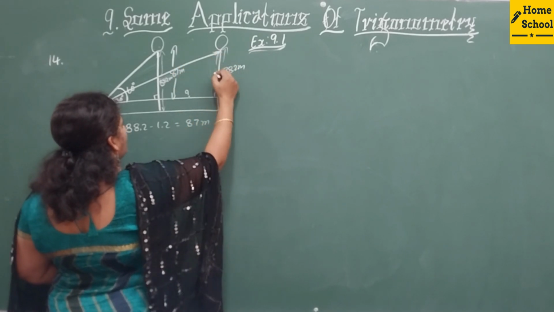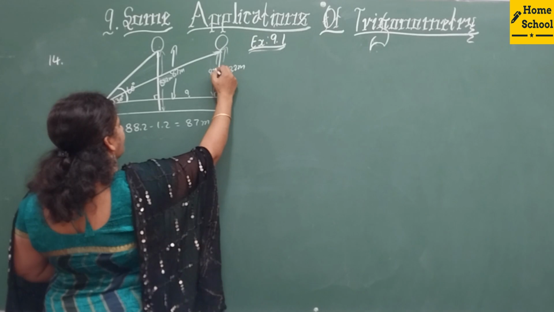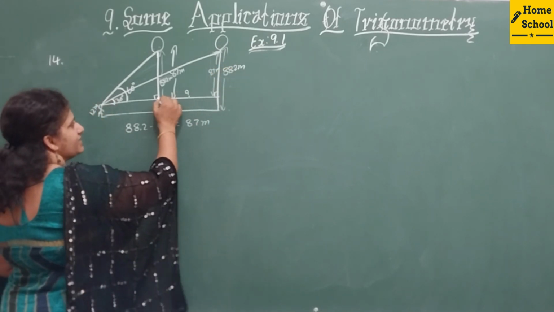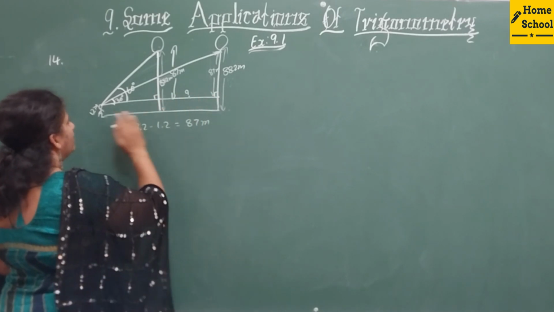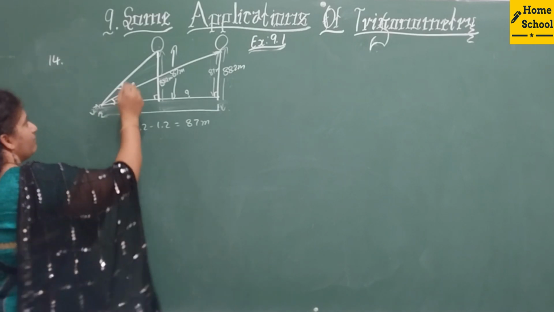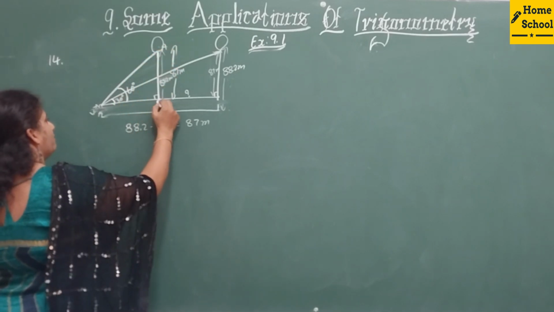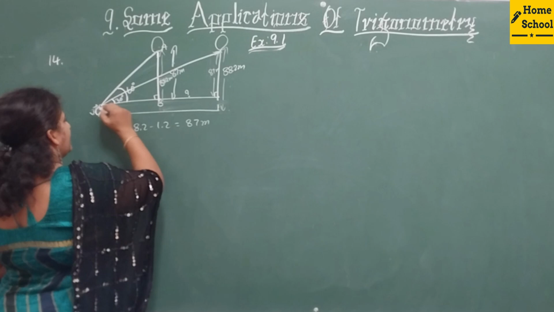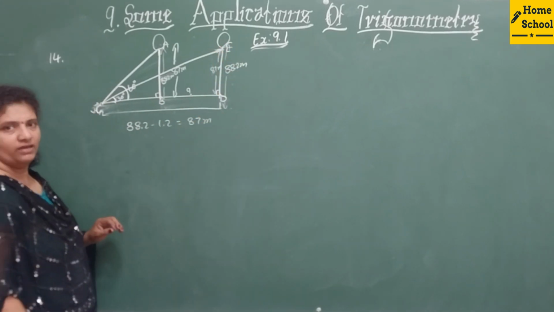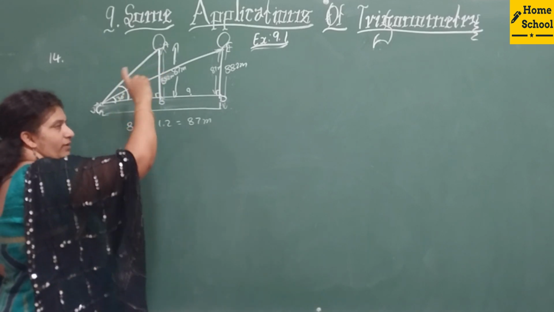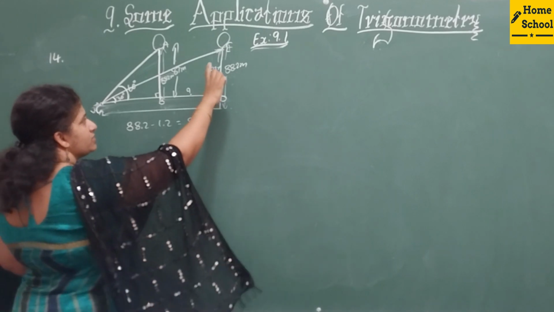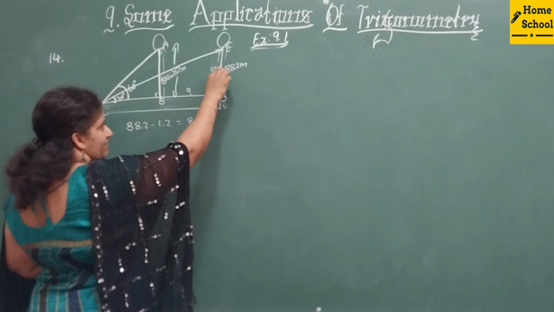Same manner, from here to here, it is 87 meters. You need to find the distance from this point to this point. You can remove this also. Let me mark A, B, C and D, E. AB is the height of the balloon from the ground, that is 87 meter. Here also ED is 87 meter.